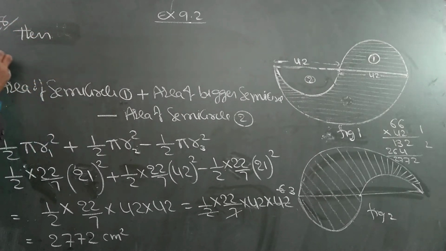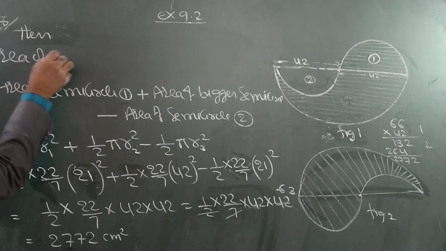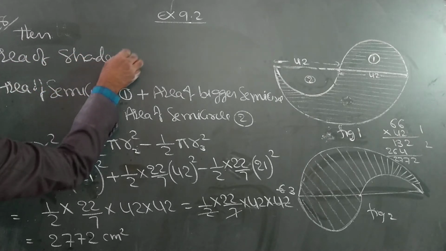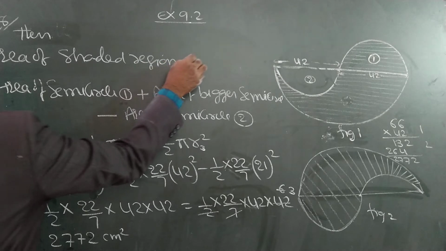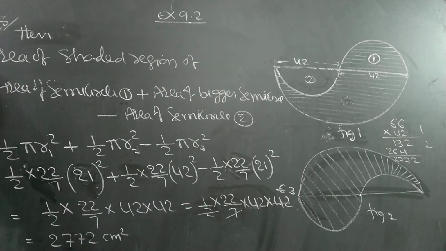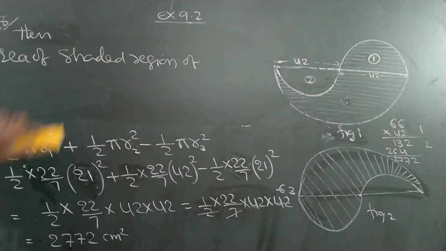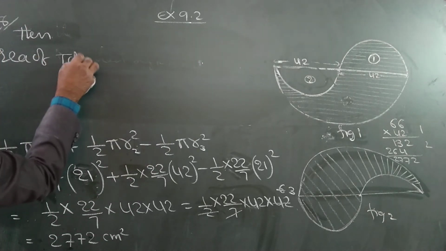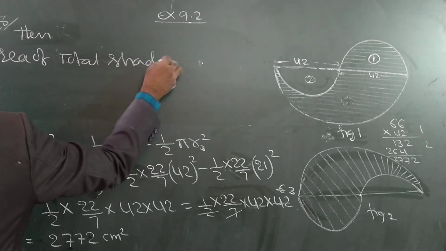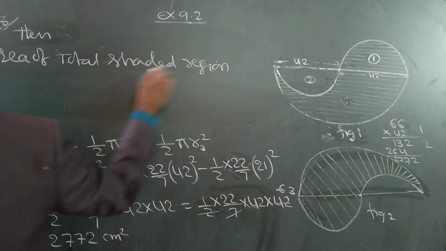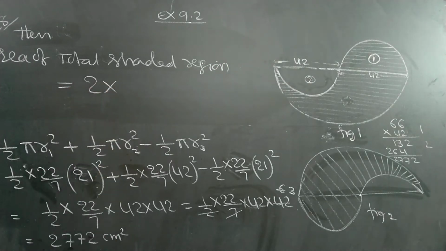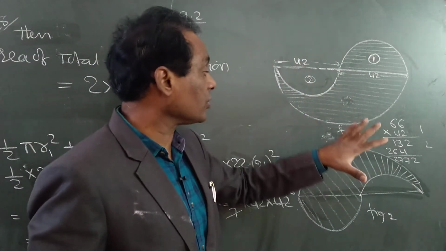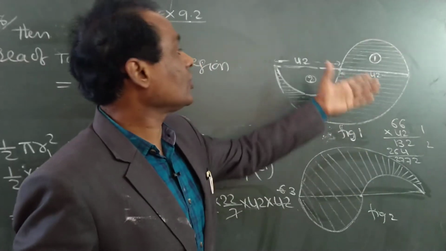Then area of shaded region. Total. See here. 2 into, because both the diagrams are same, suppose if this area is 10, this is also 10.